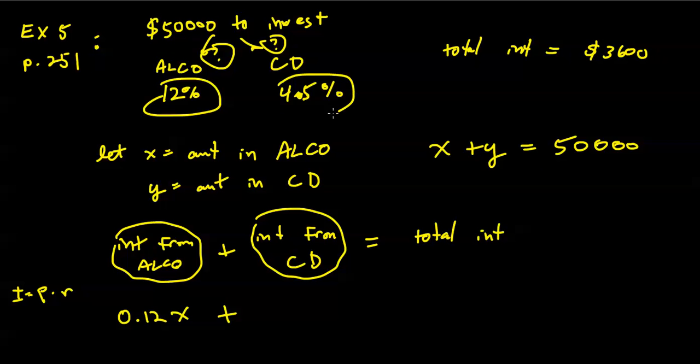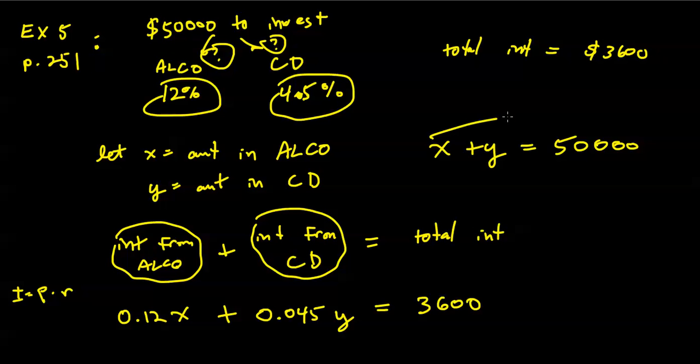Well, the CD account is 4.5%. In decimal, that's 0.045 rate of interest times the principal in the CD account. That's the interest from the CD. Has got to equal the total interest. Well, that needs to be $3,600.